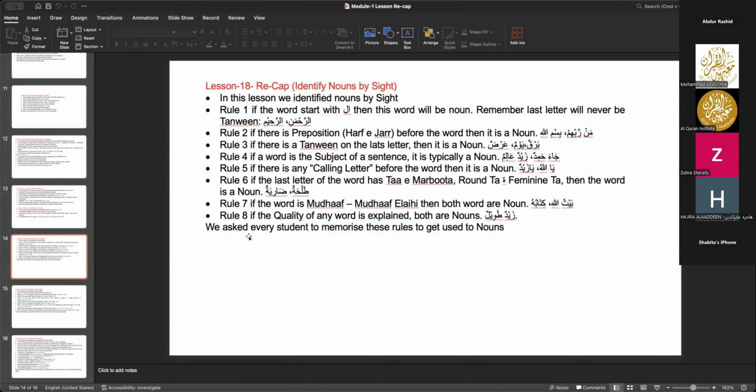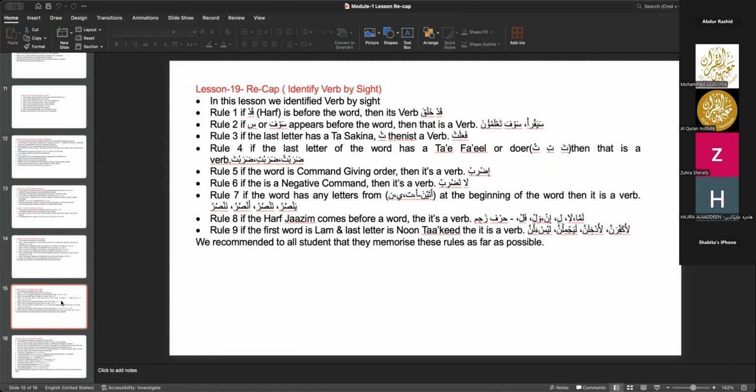We ask every student to memorize these rules and get used to them as much as possible. Besides this, I have a few rules from the Muslim chart, which are ani and aini and tani and taini, etc.